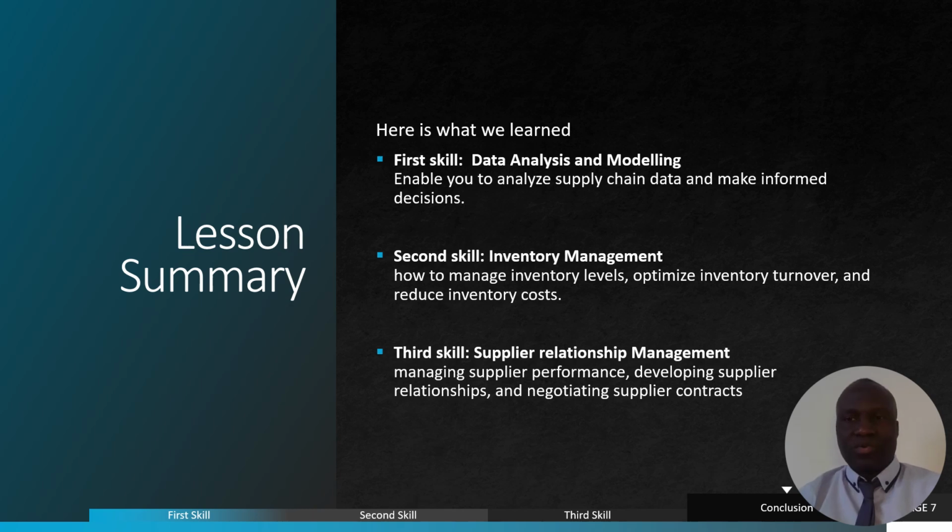Another important skill you will acquire is supplier relationship management, which includes managing supplier performance, developing supplier relationships, and negotiating supplier contracts. These three skills are crucial for supply chain optimization and will enable you to make strategic decisions and streamline supply chain processes.